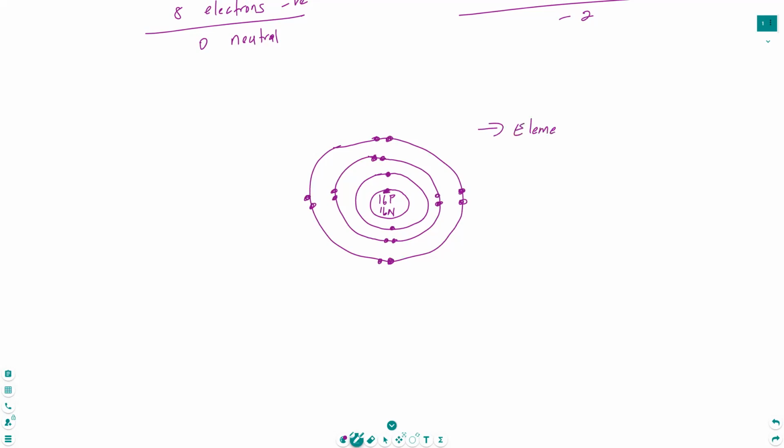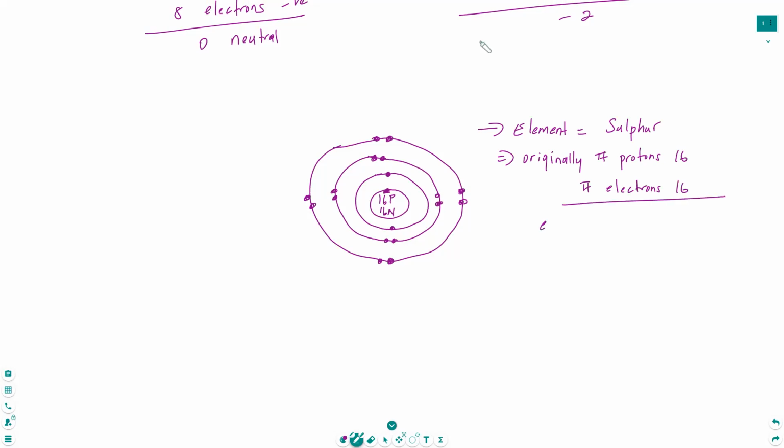The first thing is that I would look at the number of protons. If you have 16 protons, then it means you are sulfur. All right. So originally, how many electrons did it have? Before I even look at the electrons on the shell, the number of protons would have been 16, and so the number of electrons would have also been 16.